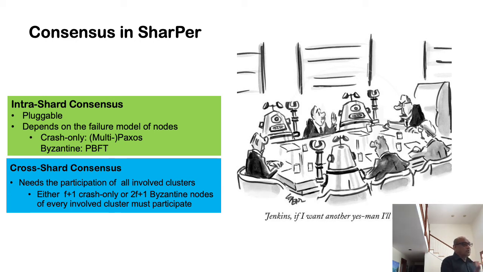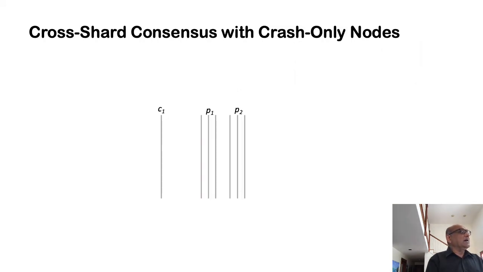The new thing that we have to devise is these cross-shard consensus protocols. I'm going to give you a very high-level idea as to how cross-shard consensus is achieved.